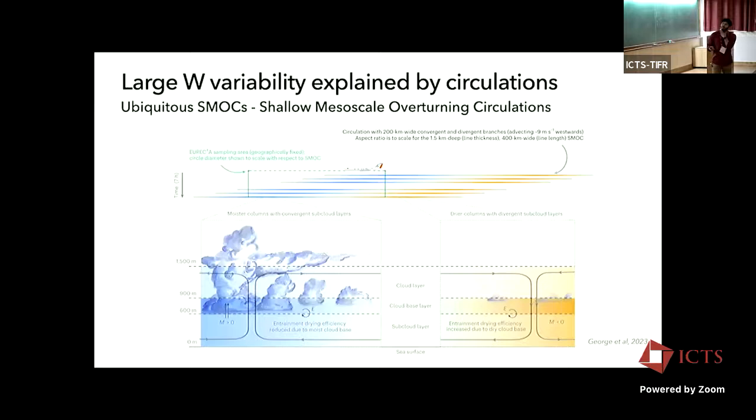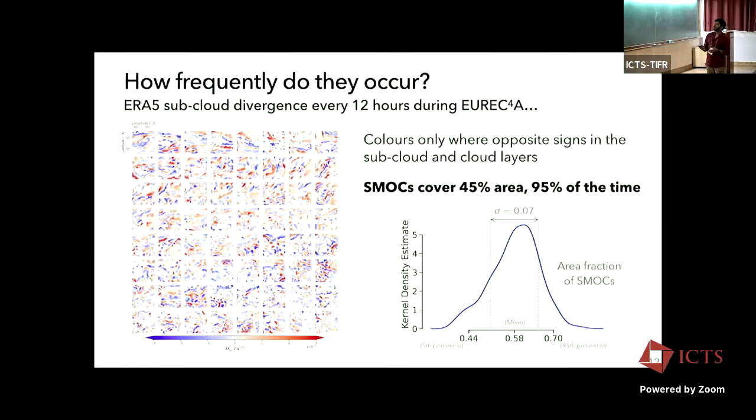So we saw the signal almost every day out of those 12 days. And we wanted to check if these are actually circulations in space also, or just different branches that we sampled over different days. For that, we took the help of the reanalysis. If you look at the reanalysis, the colors are only where we saw this divergence dipole.